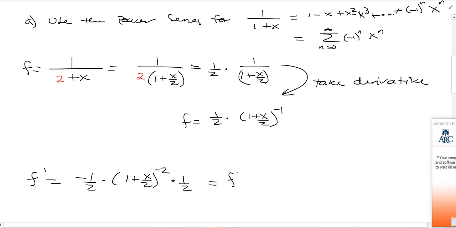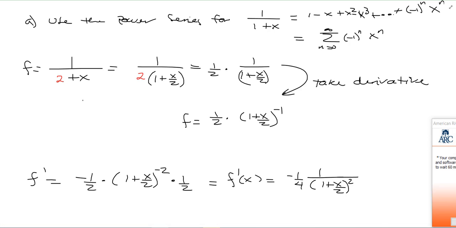So f prime of x is negative 1/4 times 1 over 1 plus x over 2 squared. And remember, our 1 over 2 plus x became 1 over 2, 1 plus x over 2.